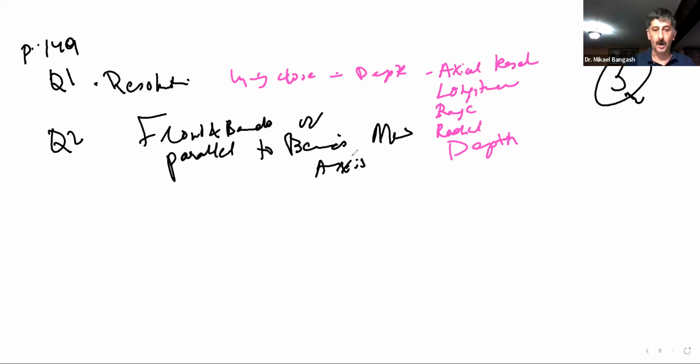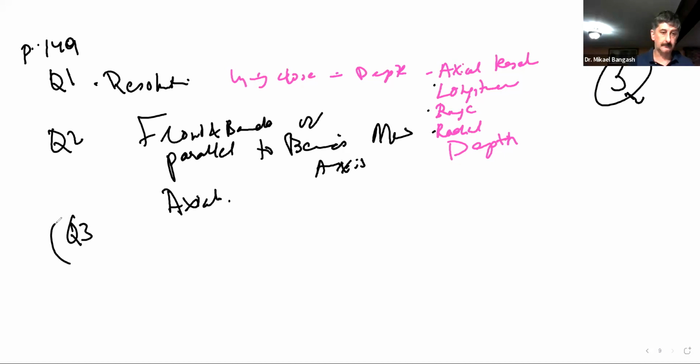That kind of resolution could be called axial resolution, longitudinal resolution, range resolution, depth resolution, or range resolution. Clear?